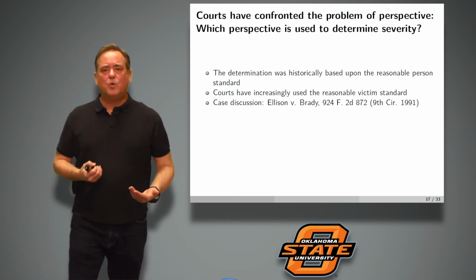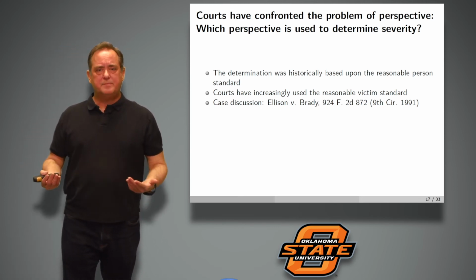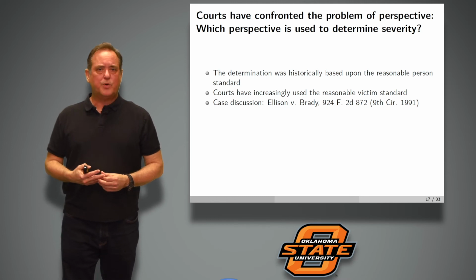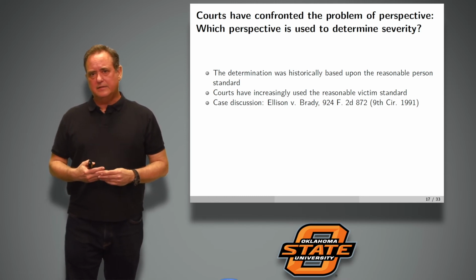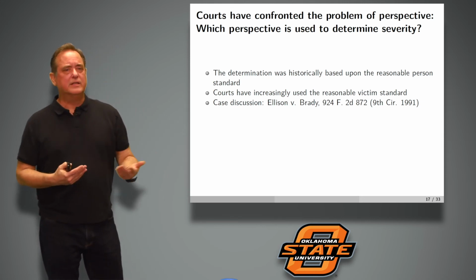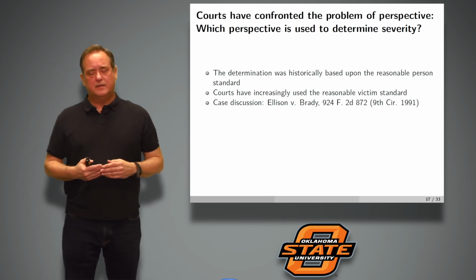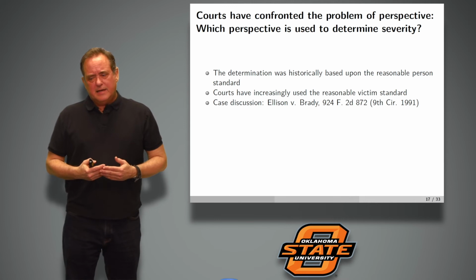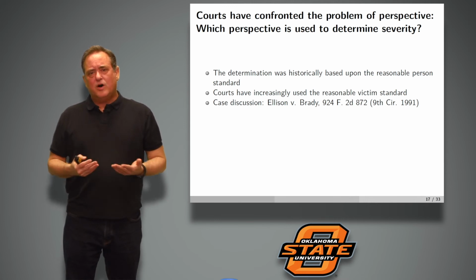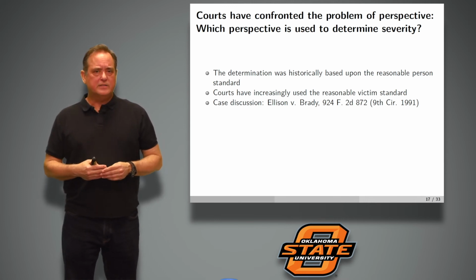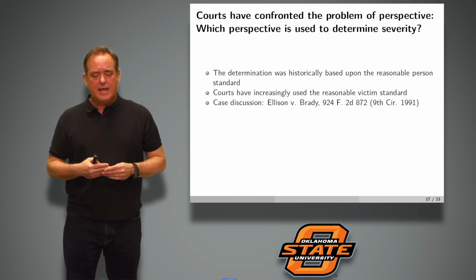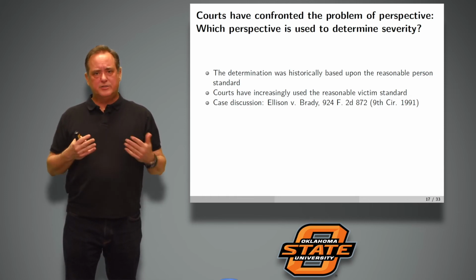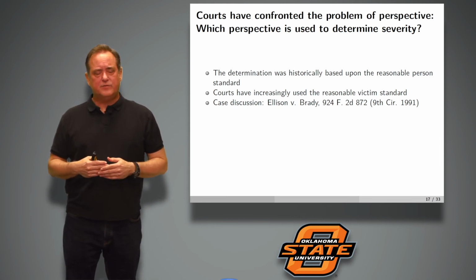Now, this reasonable worker standard has been adopted by the Supreme Court and is now pretty much the law of the land. It came out of a case called Ellison v. Brady back in the early 1990s. The case involved a young woman who worked for the IRS, placed at the San Francisco office.